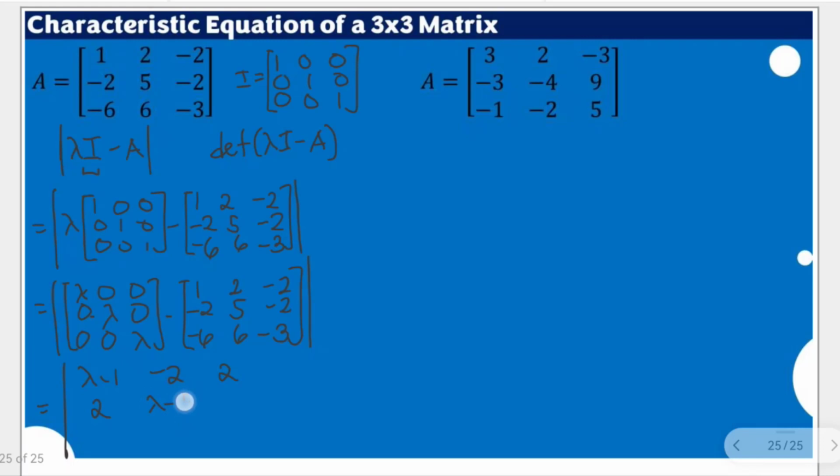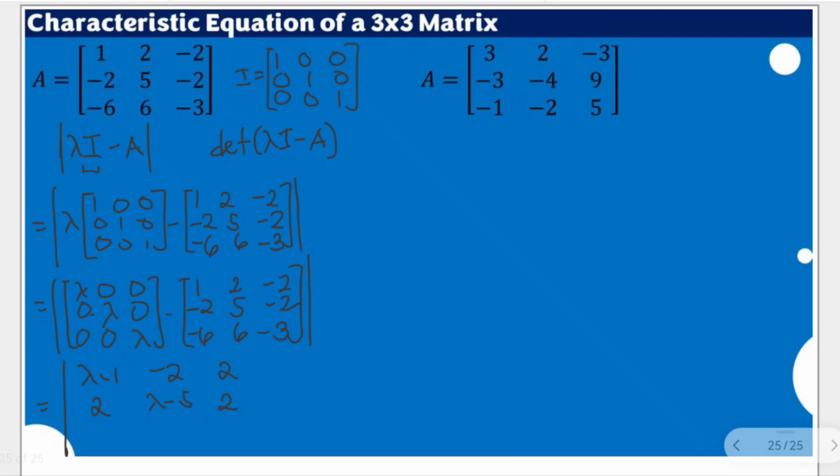Lambda minus 5. 0 minus negative 2 is positive 2. 0 minus negative 6 is positive 6. 0 minus 6 is negative 6. And lambda minus negative 3 is lambda plus 3. Notice that in our final form, we don't have 0 entries.